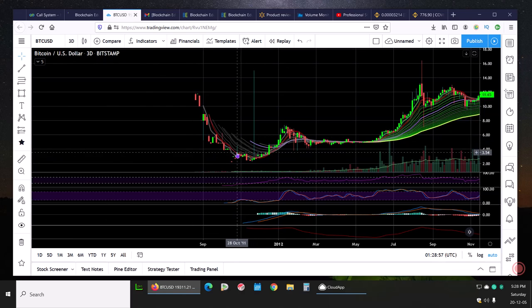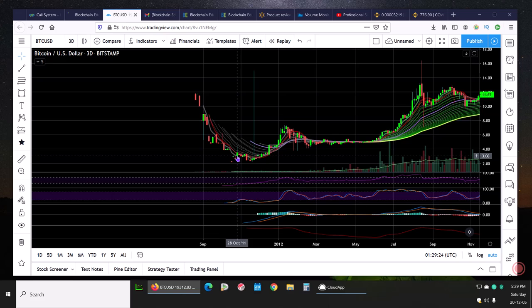That means each one of these candles equals 3 days. Now as you can see, the date down here at the bottom shows when I point to a candle it says 28th of October 11, meaning 2011. As I move over, it shows 3 days later, because each one of these is the price activity that happened in that 3-day period.